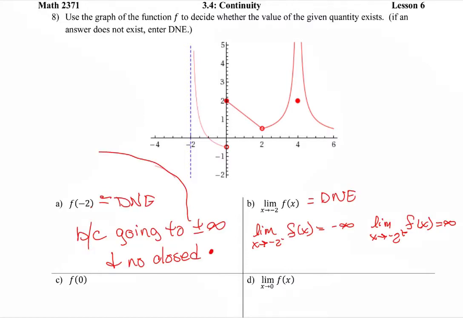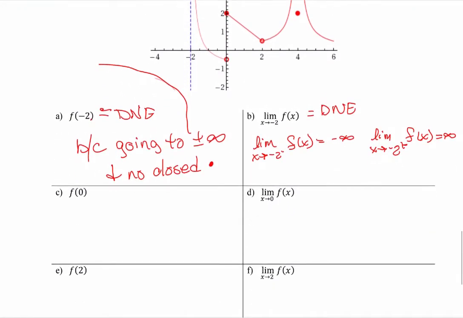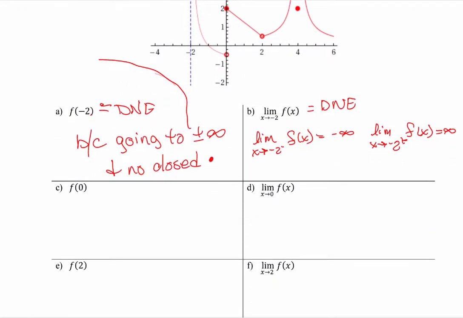So now I'm going to scroll down just a little bit so I can get to the next one. All right? If I look at 0, my closed circle is at 2, so my f value is 2, because of the closed circle.